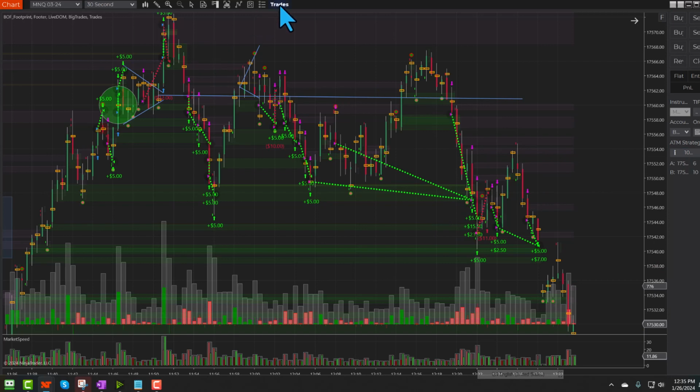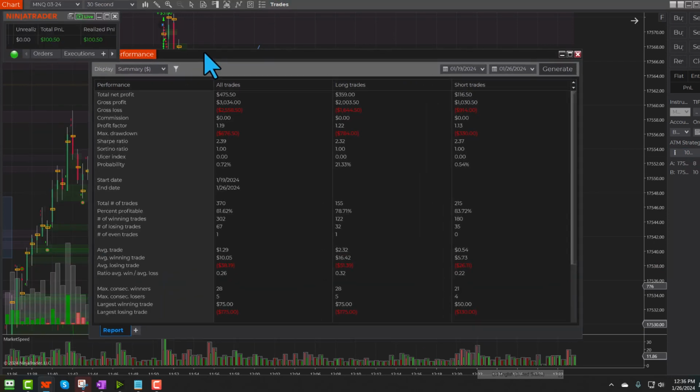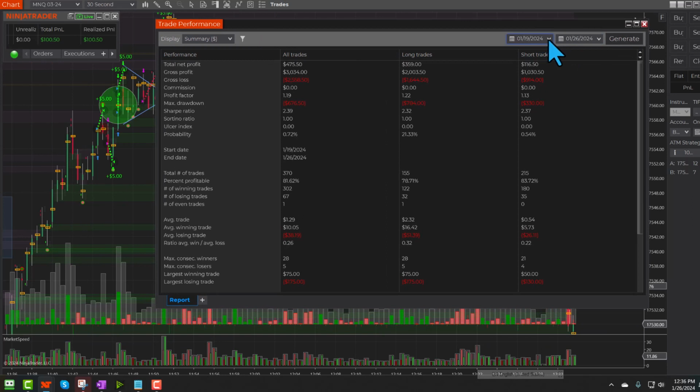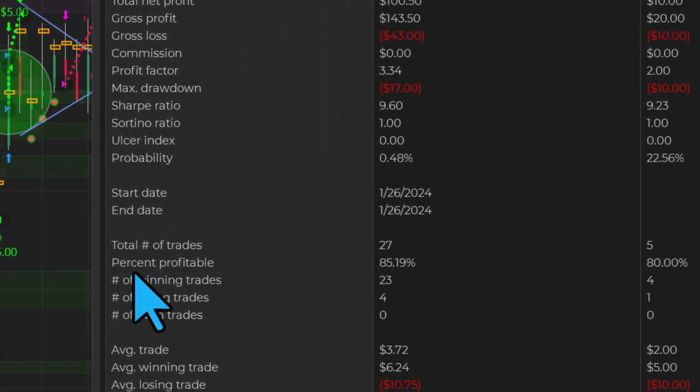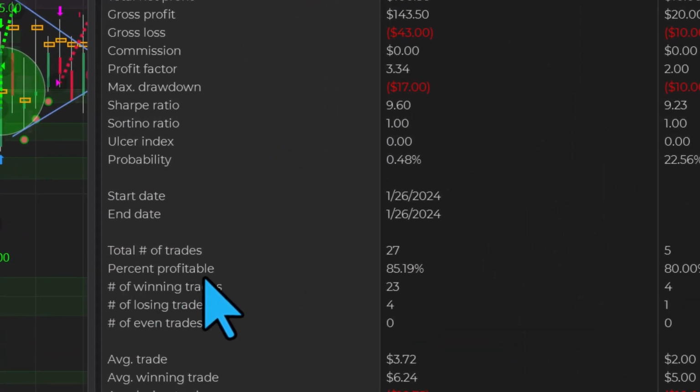Let's generate a trading performance. This is my account and I'm gonna do it for today, right? So you're gonna see my trades only for today. Generate. Boom. What we're gonna see over here, the percent profitable is 85%.